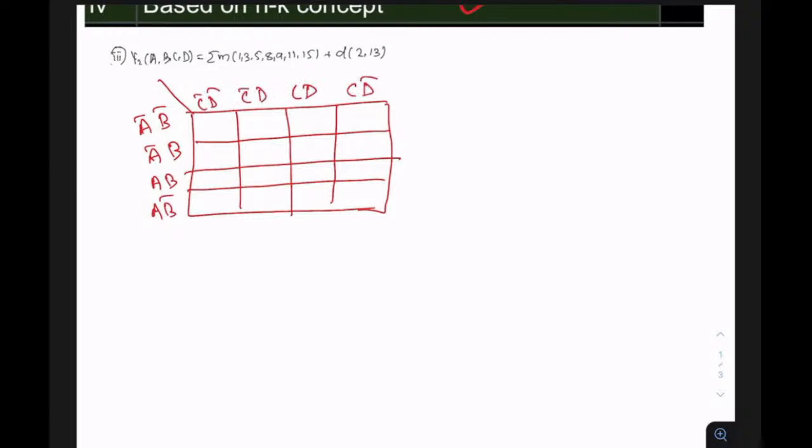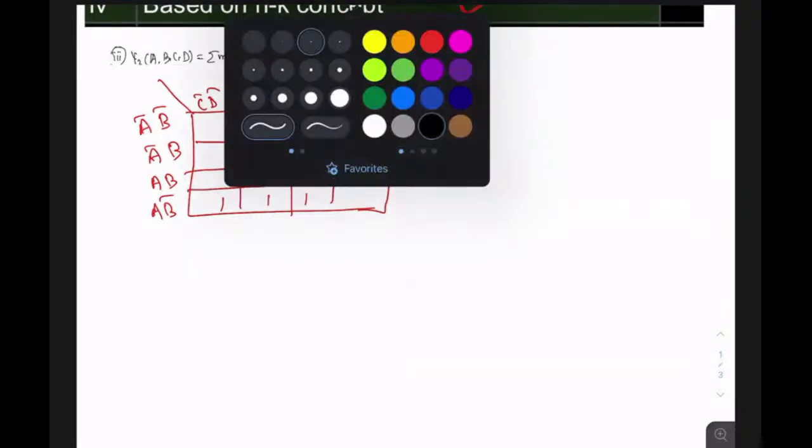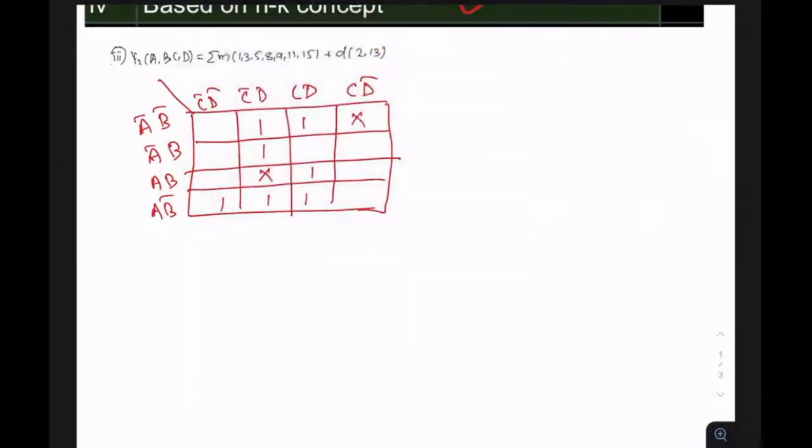Okay, min term 1. Where is min term 1? 0, 1, 3, 2, 4, 5, 7, 6, 8, 9, 11, 10, 12, 13, 15, 14, and don't care 2. 0, 1, 3, 2, this is a don't care, and 13. 12, 13, this is the don't care. Okay, so this is the map we are getting.